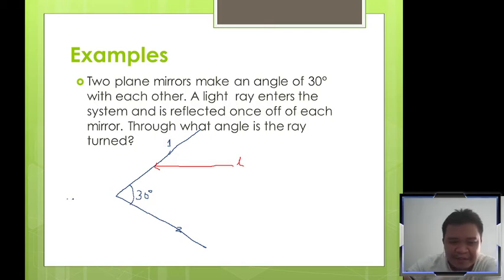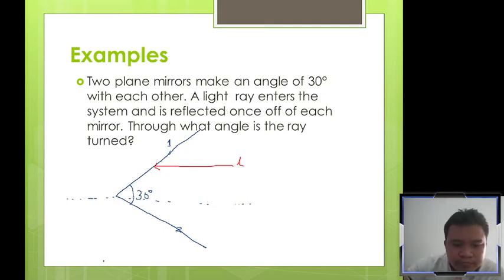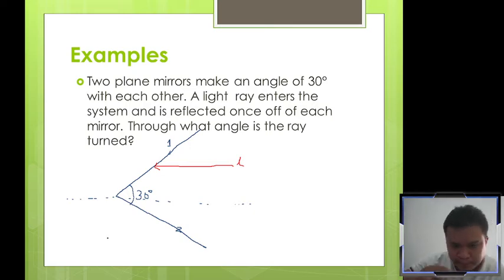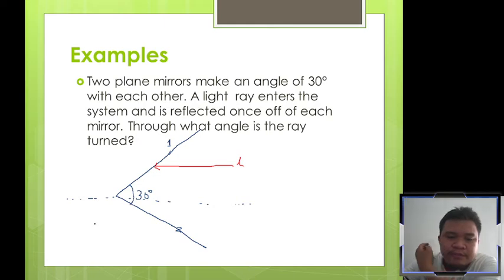I'm going to draw an imaginary horizontal line here. Oops, sorry. It should be like this. So allow me to erase first.